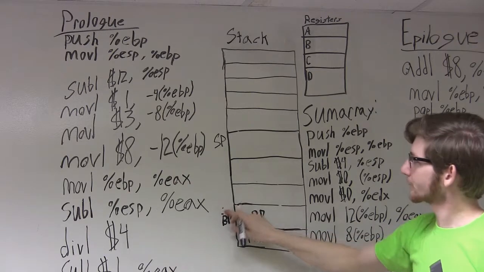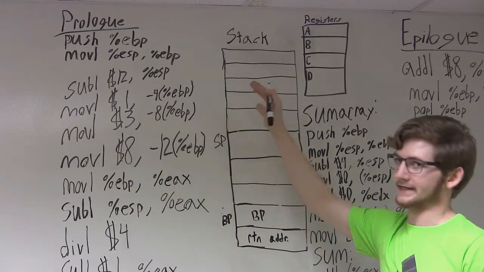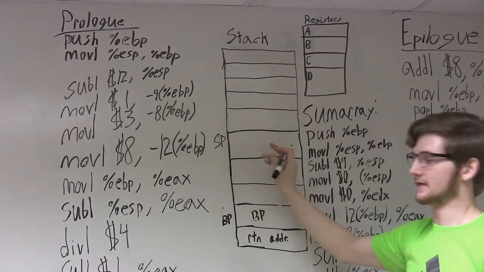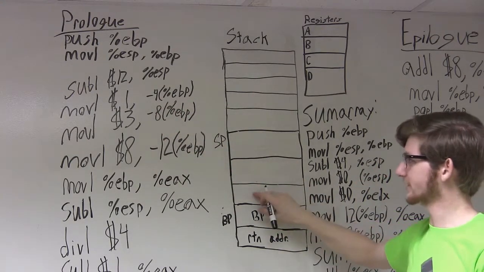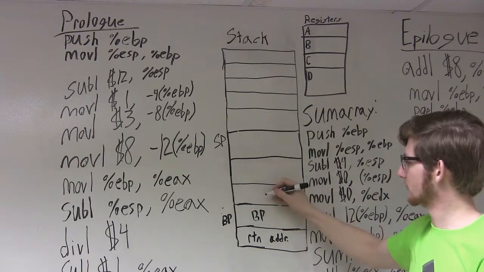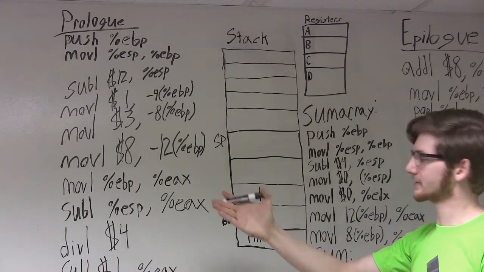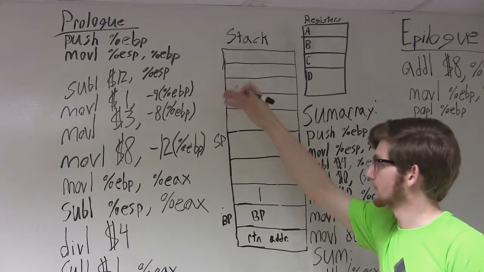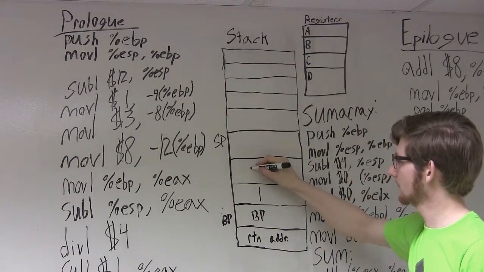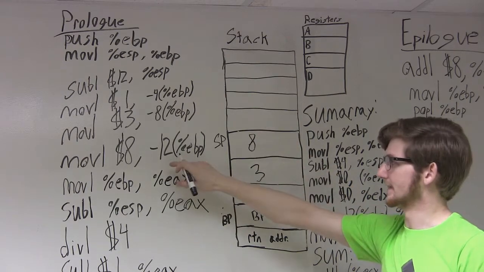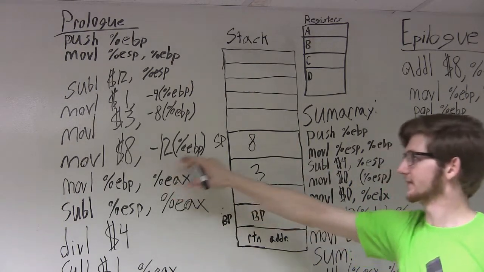We are then going to move, in descending order, -4 from EBP, the base pointer, so up 1 spot, and put the value of 1 in there, as we did in our array declarations. Then 3 into the second one up, and then 8 into the third one up, as is obvious by a 12.